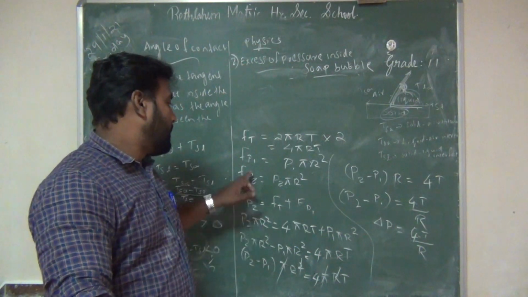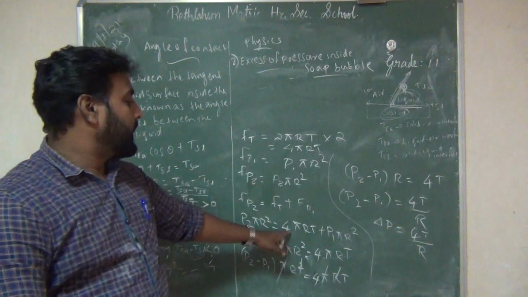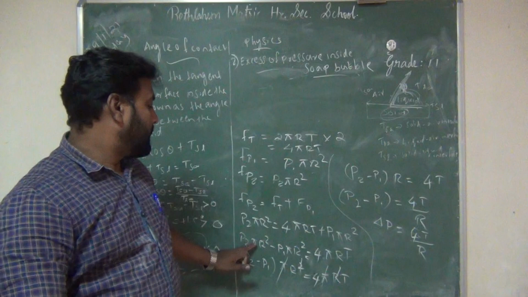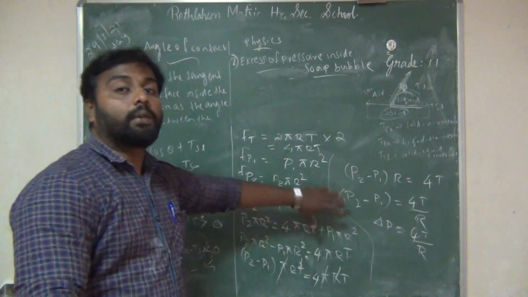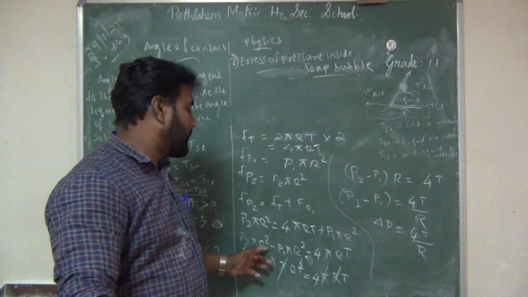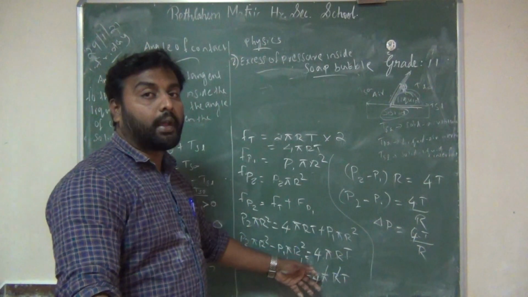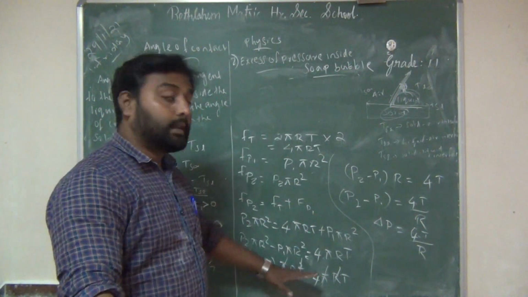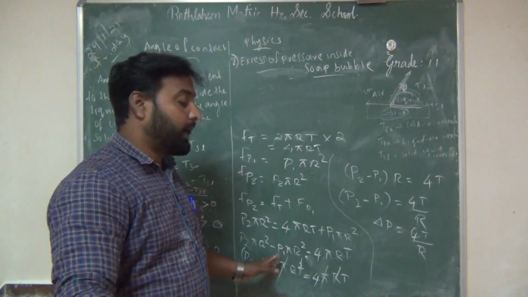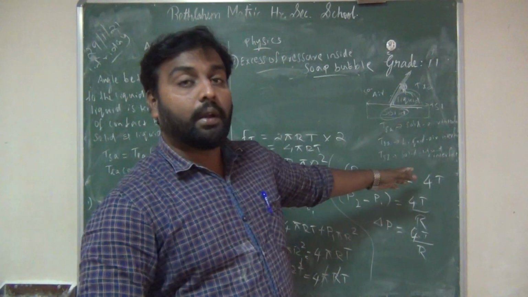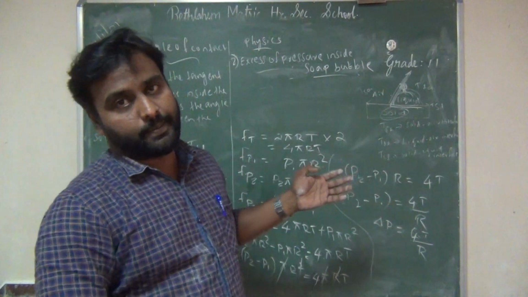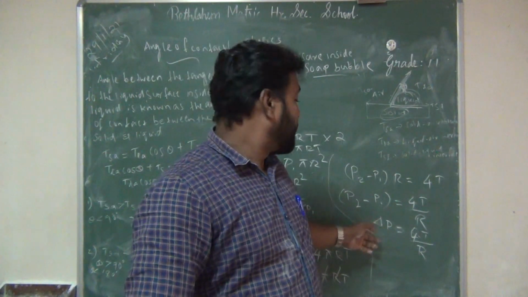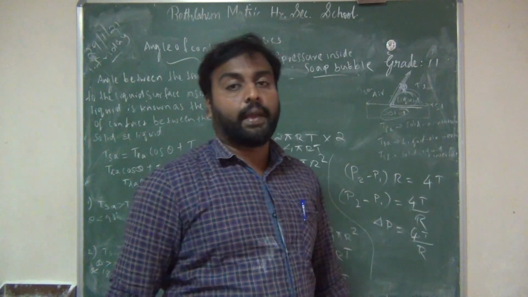Now substitute P2 pi r square here, 4 pi RT here, and P1 pi r square we take to this side, so P2 pi r square minus P1 pi r square is equal to 4 pi RT. From here take pi r square outside commonly, so cancel this pi, then r and r, so remaining P2 minus P1 into r is equal to 4T you will get. Now the change in pressure, excess pressure, delta P is equal to 4T by R.